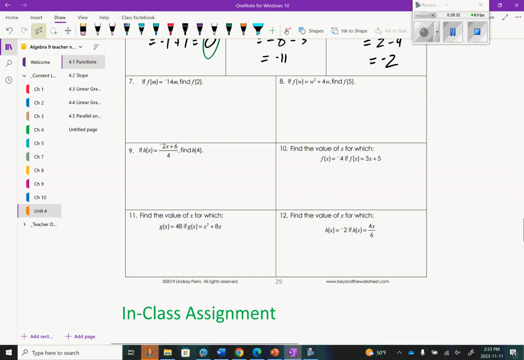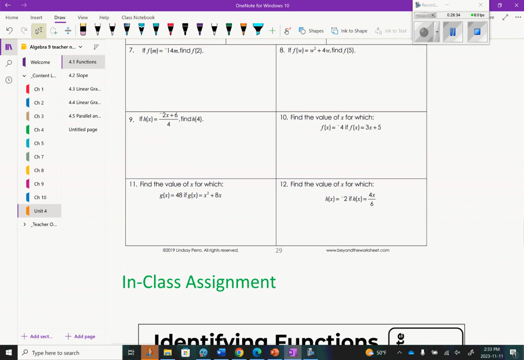Now, in this case, if f of m is negative 14m, find f of 2. So that simply means for f of 2, we're going to take negative 14 times 2. That should be negative 28. Every single time here, you're simply going to substitute.